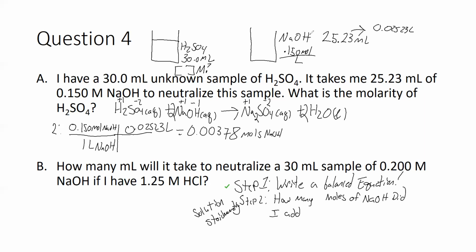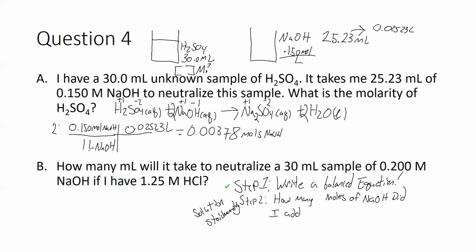Why did you move the decimal in the 25.23? Because I needed to get it into liters, because I'm trying to figure out moles of NaOH. And right now I have molarity of NaOH, which is moles divided by liters. So to cancel out the liters, I need to multiply molarity by liters.